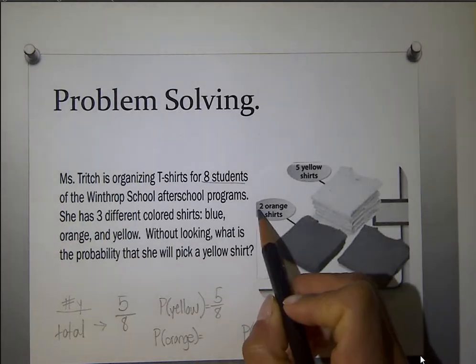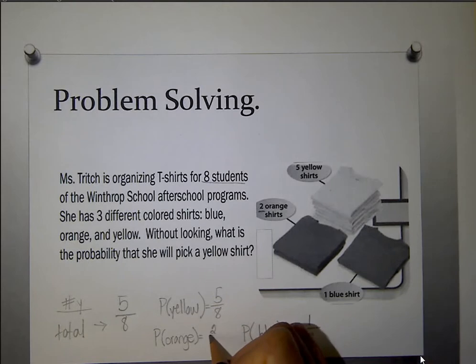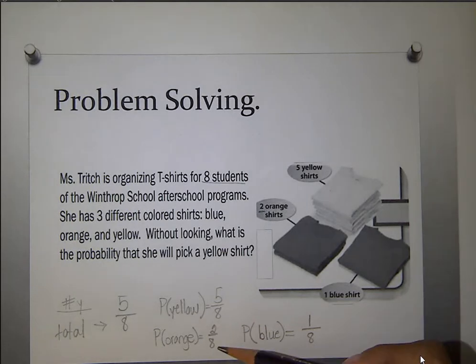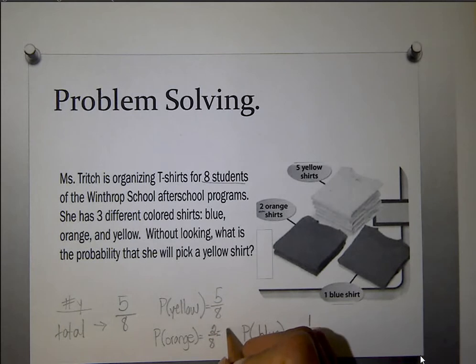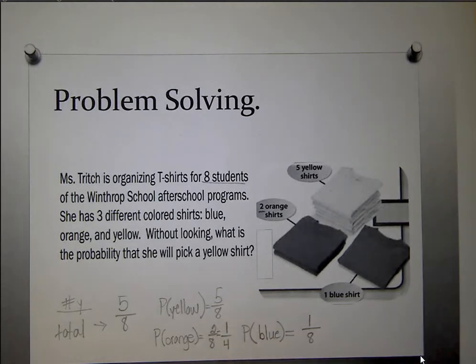I see that there's 2 orange shirts out of 8. And I notice that I can simplify 2 eighths because I can divide 2 by 2, which would give me 1, and I can divide 8 by 2, and I would get 4. So that is how you represent probability as a fraction. The number of the outcomes, so in this case yellow, over the total number that you have.